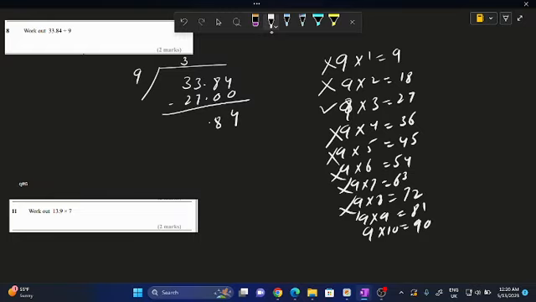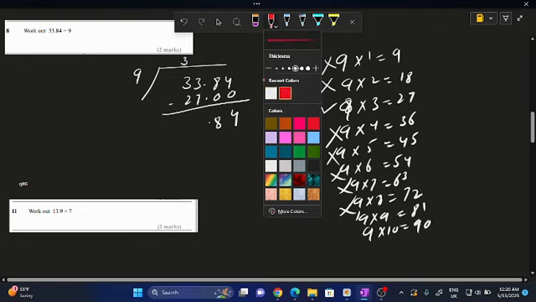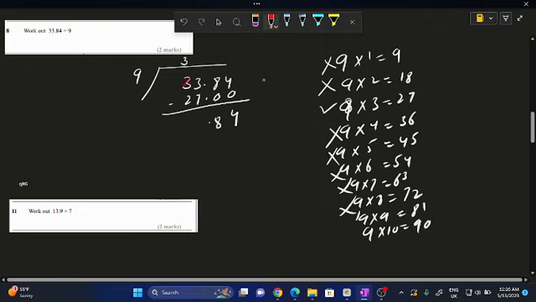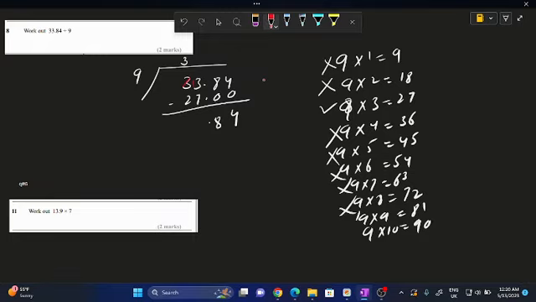You cannot subtract 7 from 3. So you will request 3 to give you 1 carry. So this 3 gives you 1 carry and makes it 13. So 13 minus 7 gives you 6. So it would be 6.84.